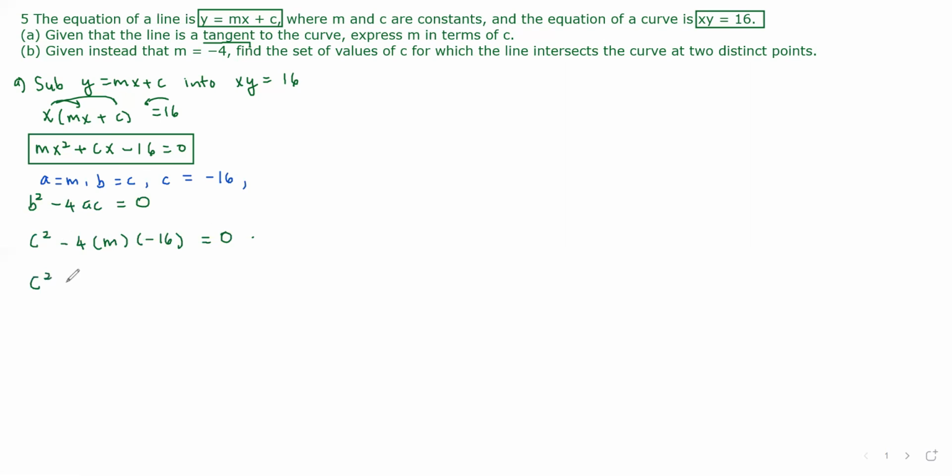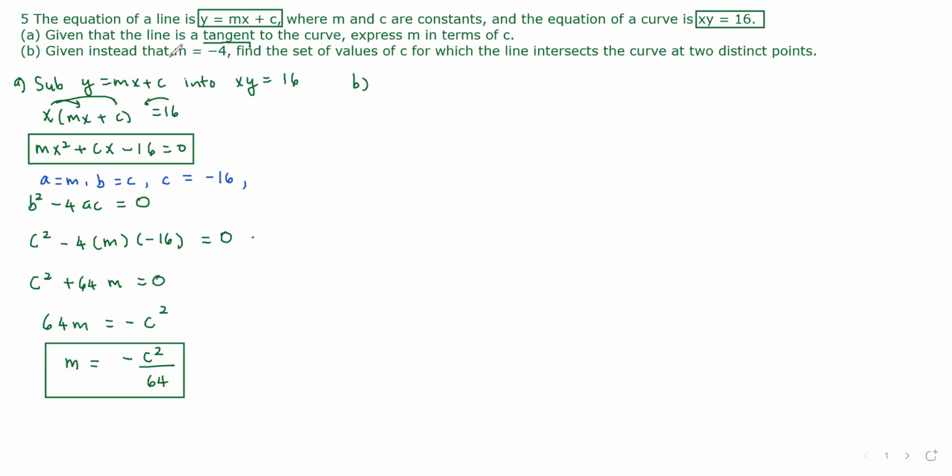Then c squared plus 64m equals 0. To express m in terms of c, move c squared over. 64m is negative c squared. Divide throughout by 64, and m is negative c squared over 64. Hence, we have expressed m in terms of c.